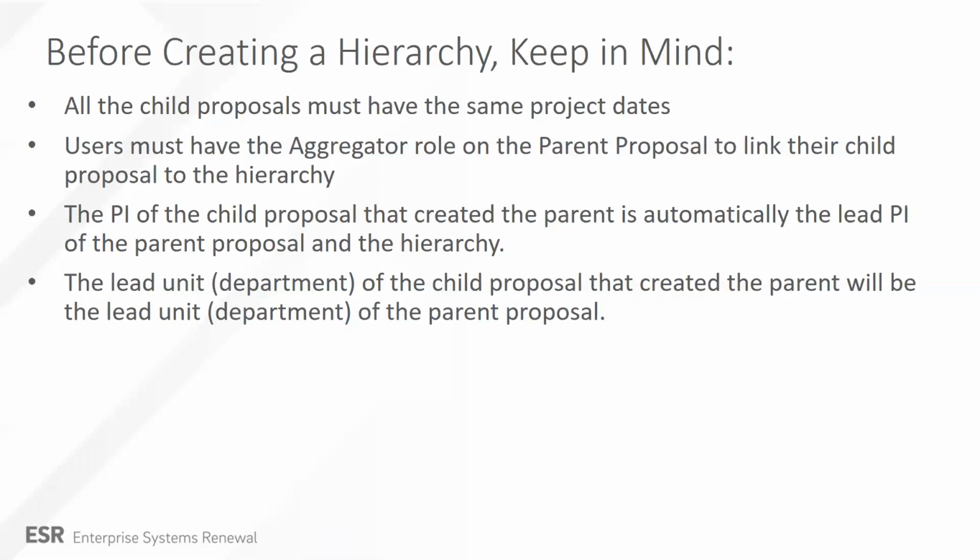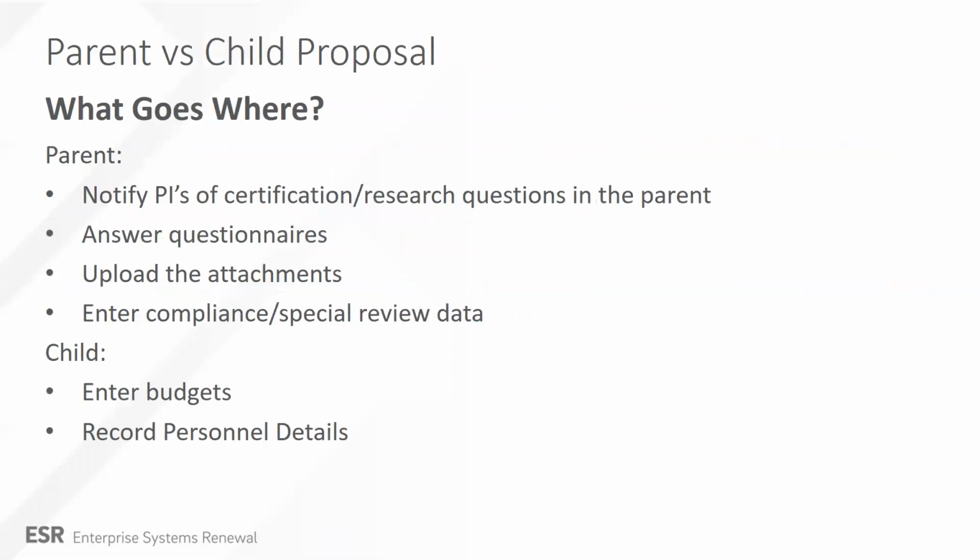Okay, so next, here are some examples of what should go where, because that can be a little confusing. Basically, from the parent proposal is where you would notify the PIs to answer research questions and to certify. You would also answer the questionnaires in the parent proposal.